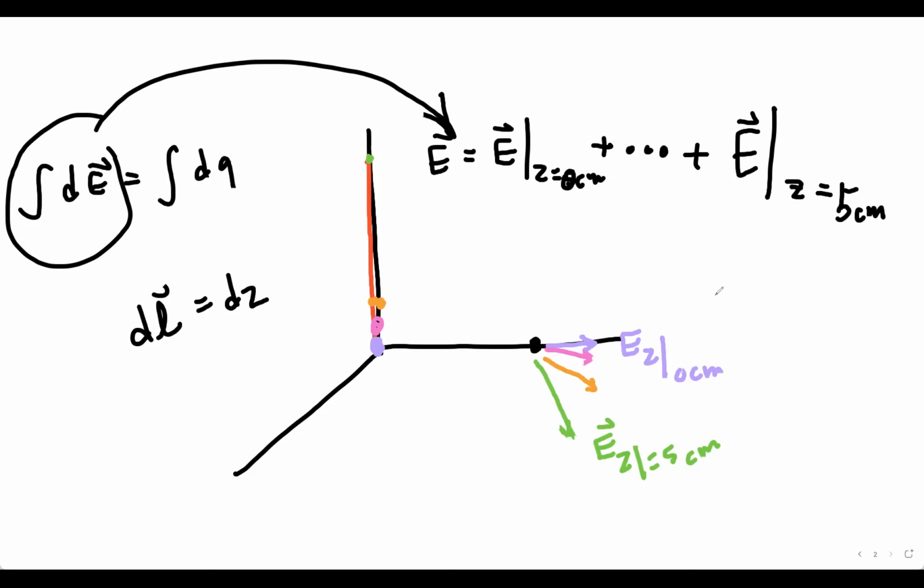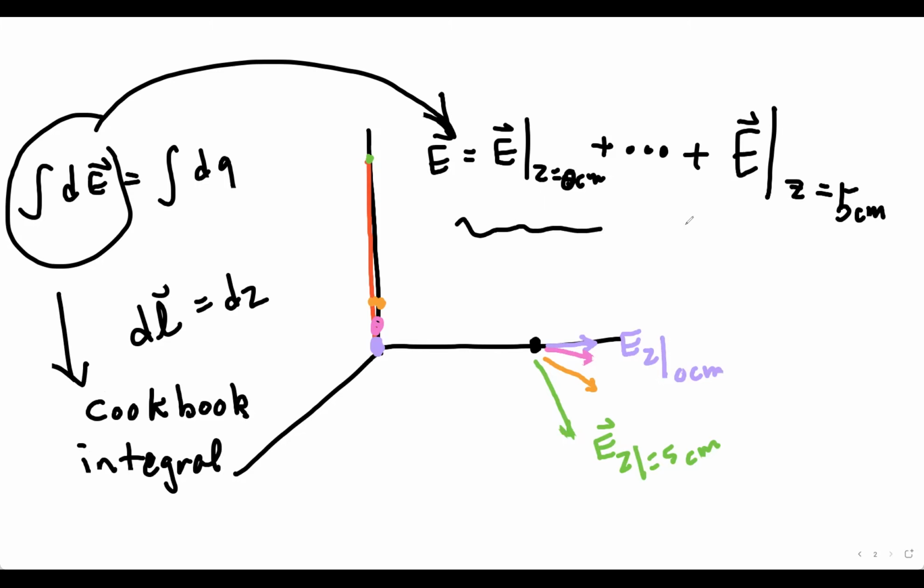Yeah. The cookbook will give you this integral, which is the same as doing this. So this is the hard way. Just like before you knew calculus, you could do the Riemann sum.